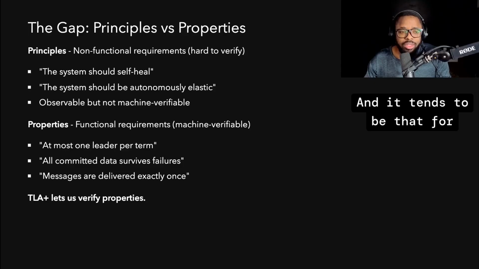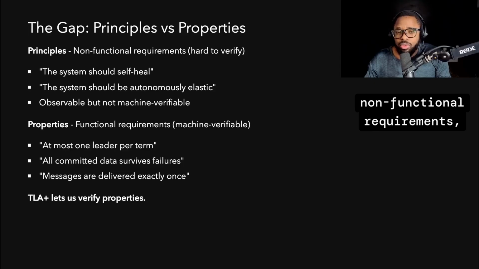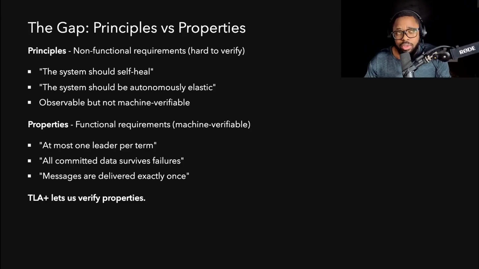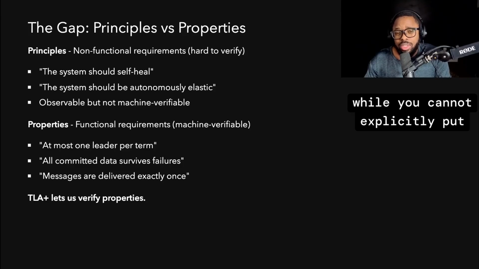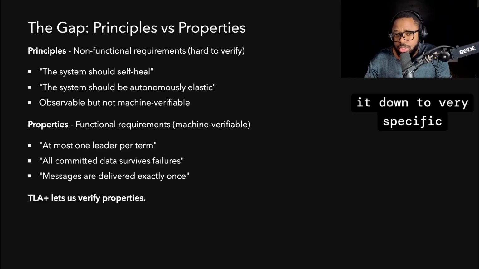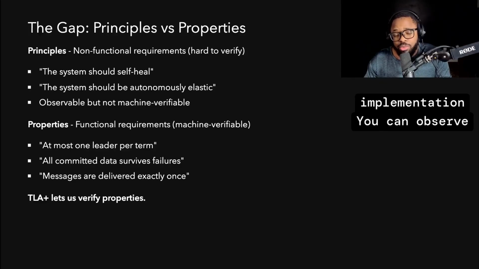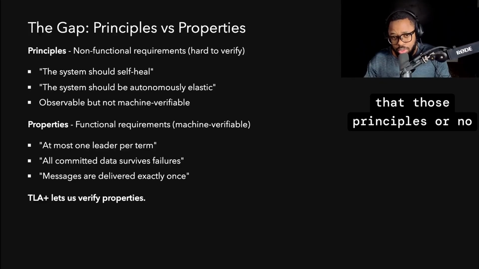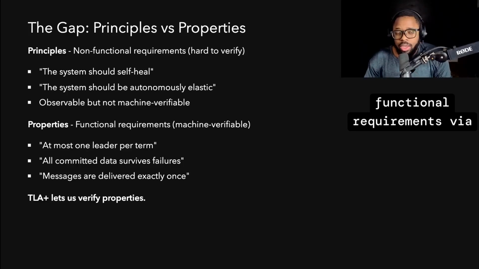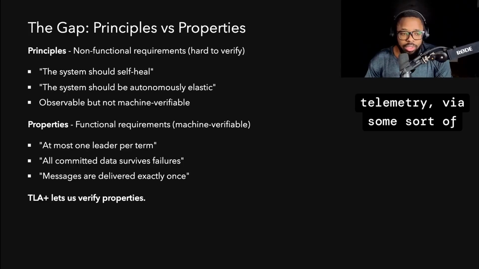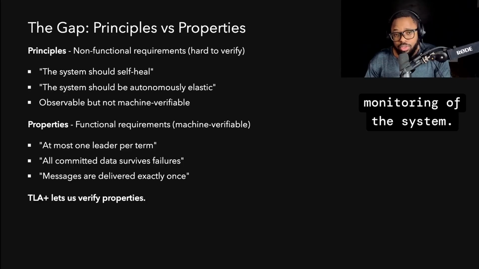And it tends to be that for these principles or non-functional requirements, while you cannot explicitly put it down to very specific algorithms or patterns in the actual code implementation, you can observe that those principles are met via telemetry, via some sort of monitoring of the system.